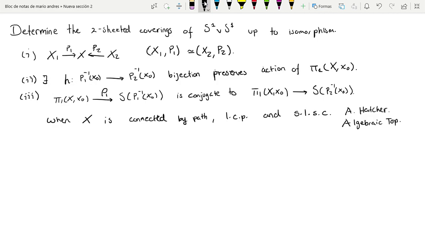Let's clarify what the second one means. Suppose we are going to make an example of this to illustrate what it is saying.